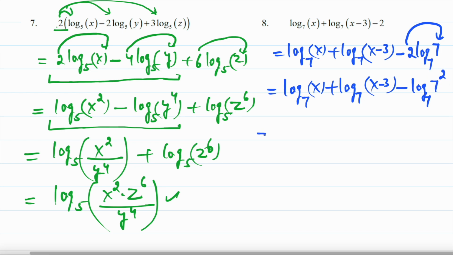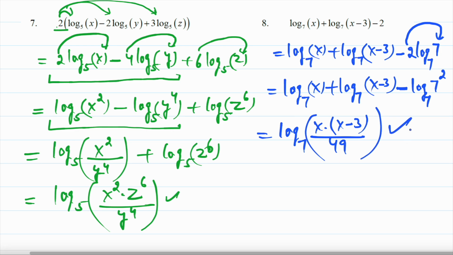Now we can use the first and the second property together. How can you use it? If there is a plus sign, move those terms together, so x times x minus 3 will be in the numerator, and because of the minus sign, this 7 squared, which is 49, will be in the denominator. And this is your answer to problem 8.